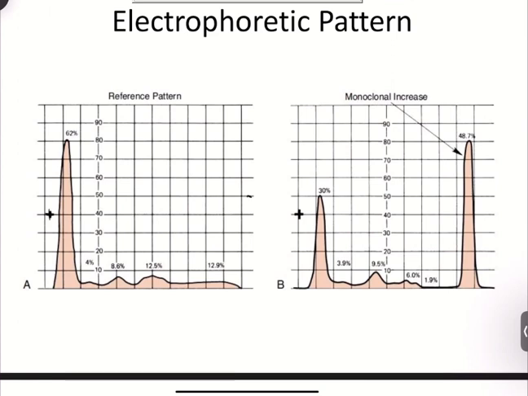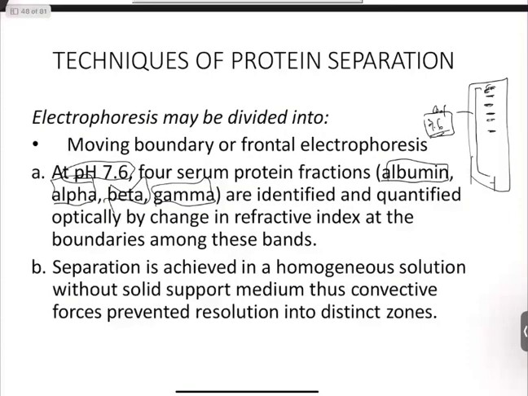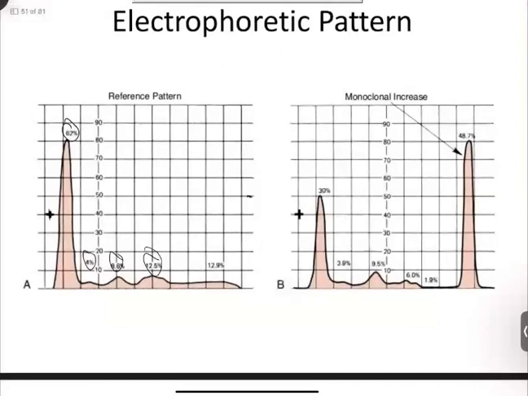The highest concentration here is your albumin, followed by alpha, beta, gamma. Okay?